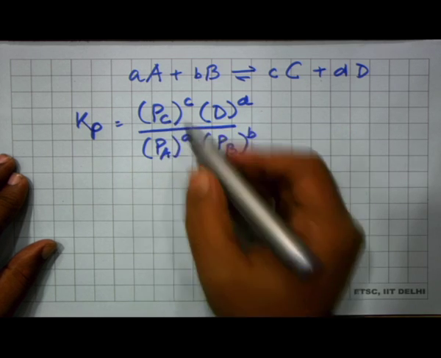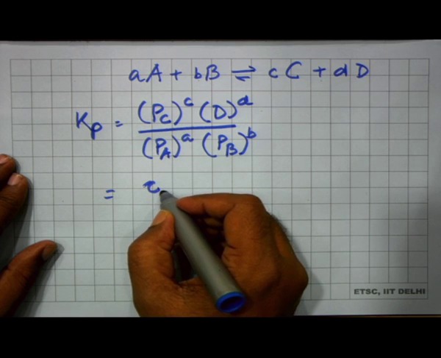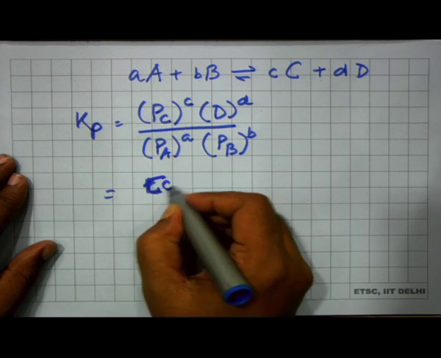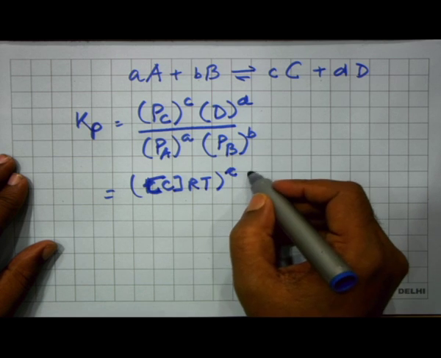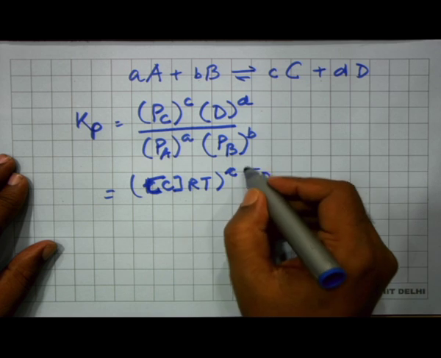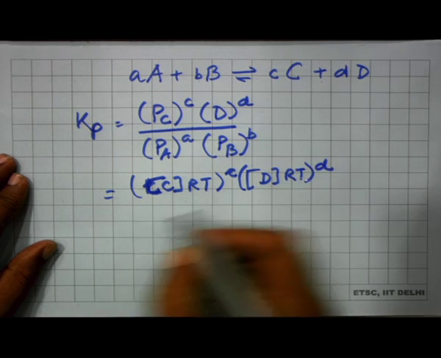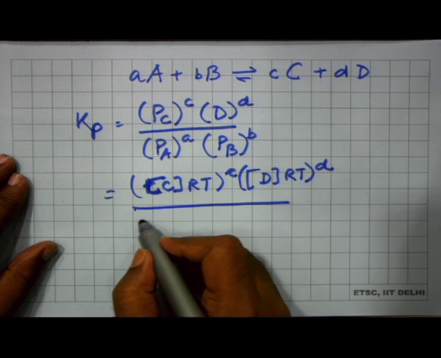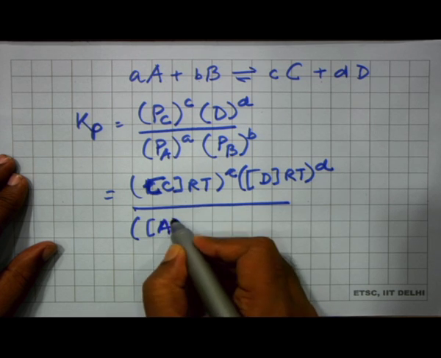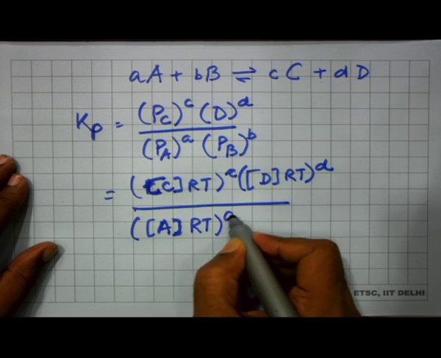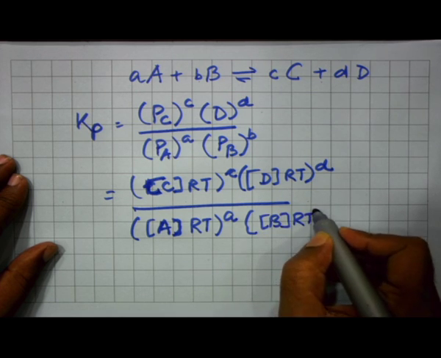And we know that P is equal to CRT. So, we can write concentration of C into RT power c, concentration of D into RT power d, divided by concentration of A into RT power a, concentration of B into RT power b.